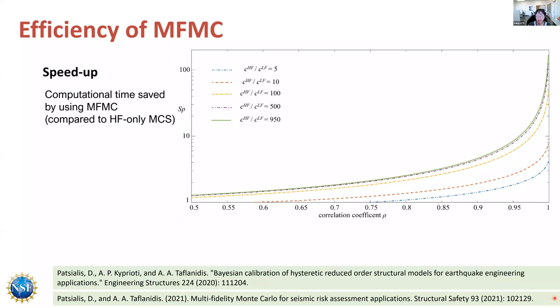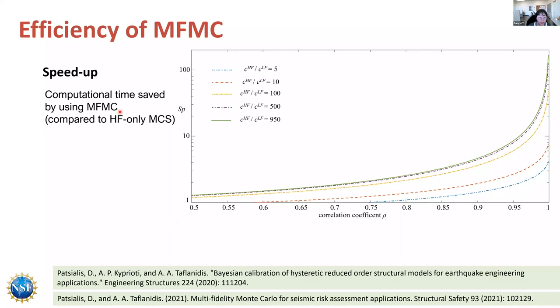So to understand the conditions where MFMC is better than just naive Monte Carlo simulation, we introduced this speed-up measure in this slide, which is basically the computational time saved by using multi-fidelity Monte Carlo compared to only high-fidelity simulations. That means if our speed-up is 10, to get the target accuracy, multi-fidelity simulation will require 10 times smaller computation time compared to the case where we only use high fidelity simulations.